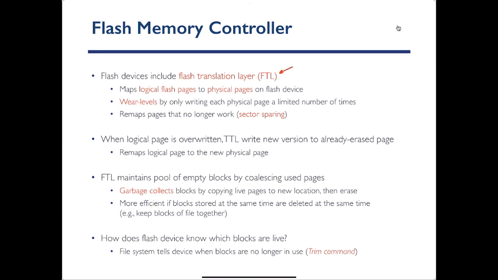Right, so we talked about this remapping. We talked about garbage collection. The last topic I want to talk about is a kind of collaborative garbage collection between the operating system and the flash controller.